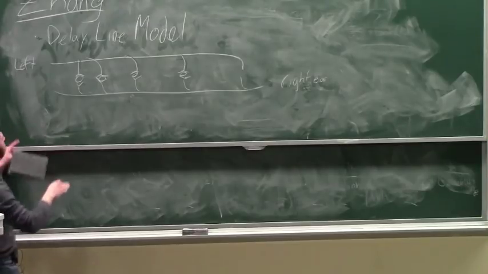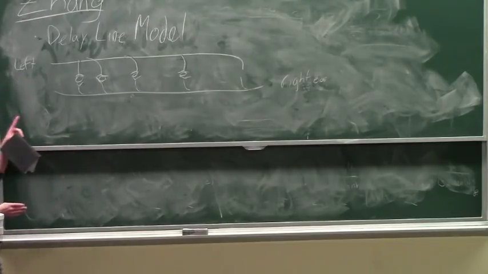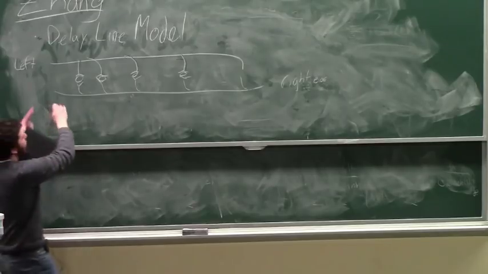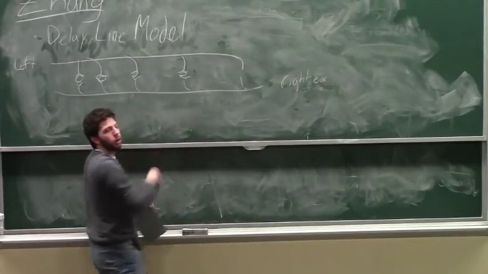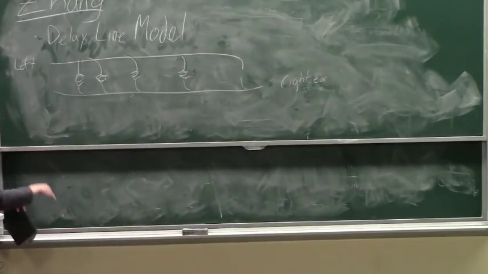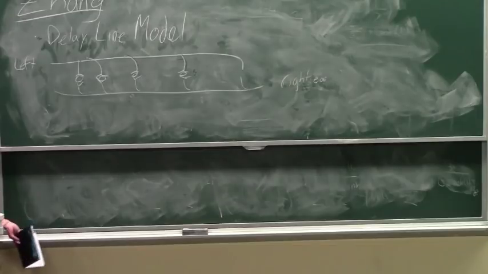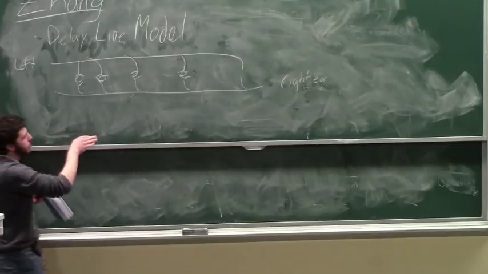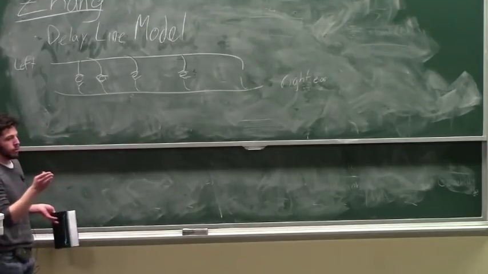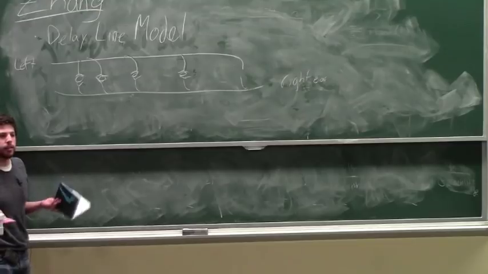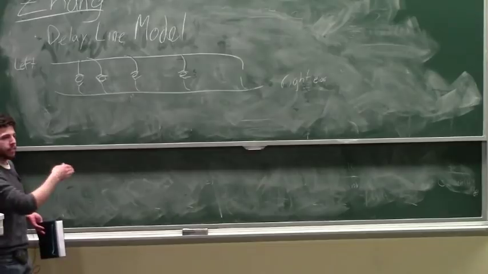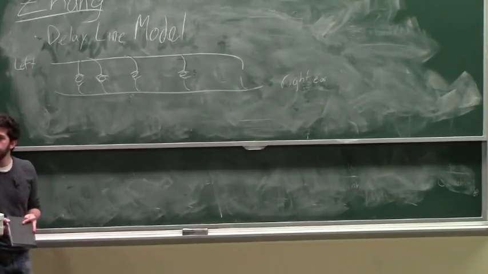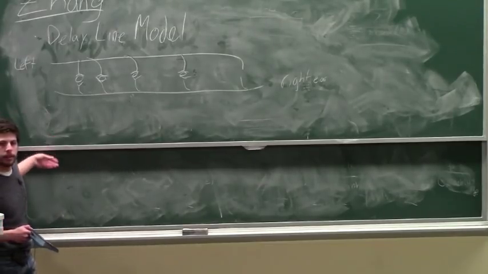So what you can see here is that if the left input comes in before the right input, then it'll travel along further before this one comes in, and they'll both hit this one at the same time. And since these are AND gates, the output neuron will only fire if both of the inputs come in at the same time. So this is a model that can encode the time delay between the two ears, and therefore you can infer information about maybe where that sound came from, right? Any questions? Cool.